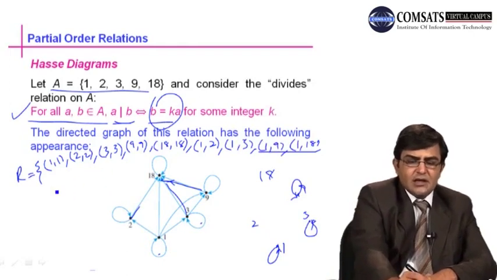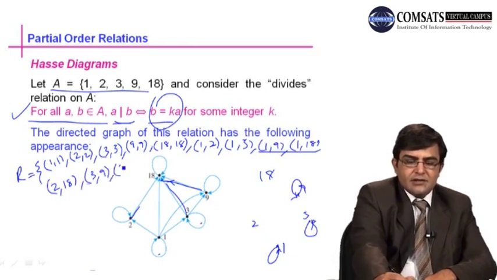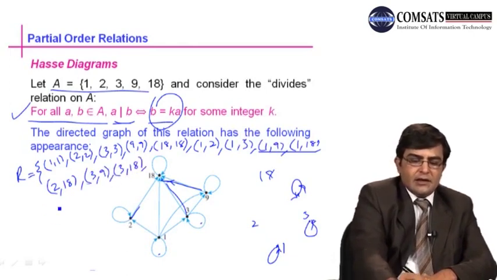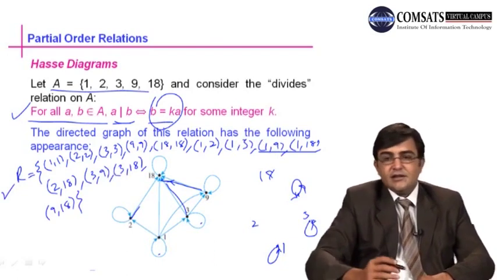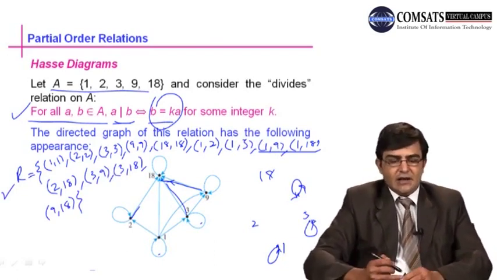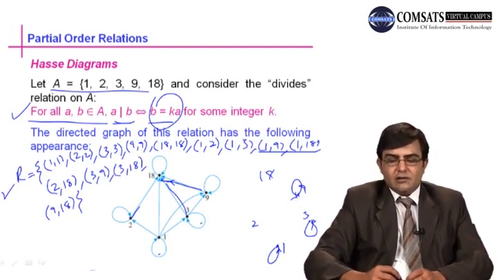You can calculate this. And 2 divides 18, 3 divides 9, 3 divides 18, and 9 divides 18. So this is the relation. We can write this relation, and then we can construct the directed graph, as we have already discussed how to construct the directed graph.